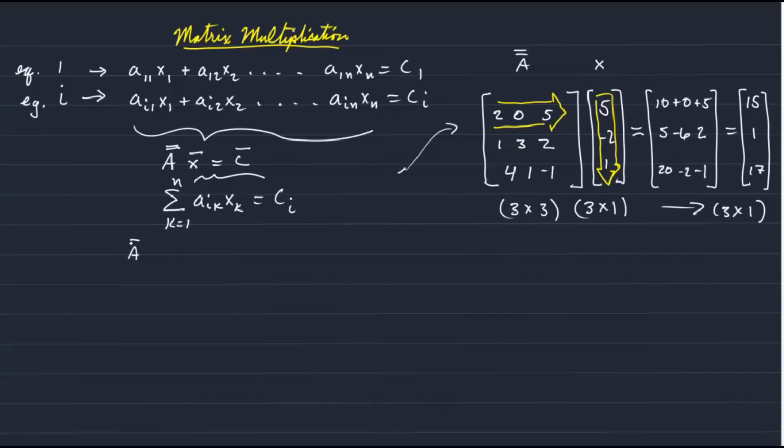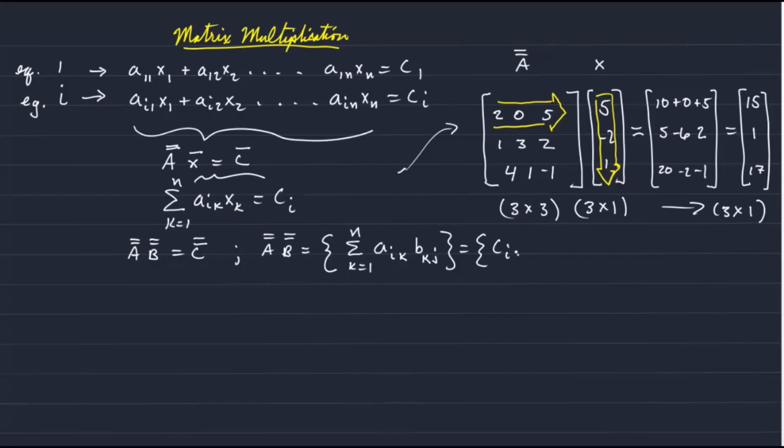So let's look at A times B is equal to C, and we would write that the product of A times B is equal to, again, we're going to sum over k equals 1 to n, but this time we're multiplying the ith row of A times the jth column of B. And that will give us our product matrix, the ijth element of C.